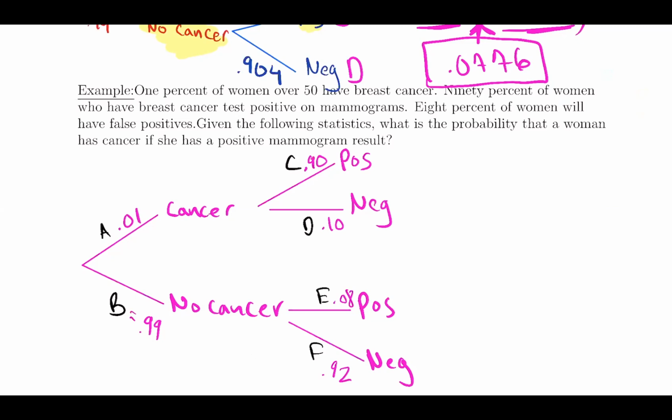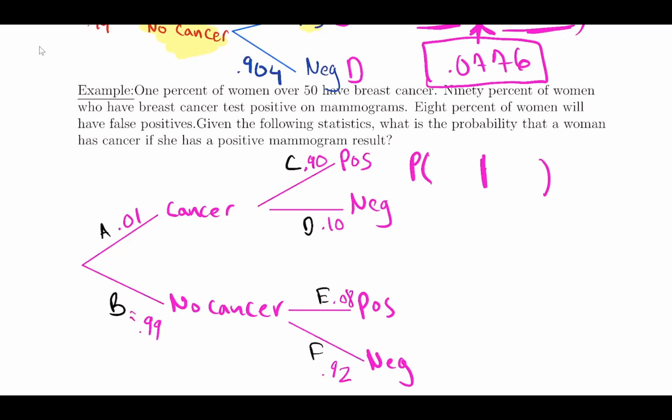Cool. Let me check something happening on chat. All right, perfect. So up next, we're gonna look at the last sentence. It says, what is the probability that a woman has cancer if she has a positive mammogram result? So they're telling us she has a positive mammogram. Where should the positive go?